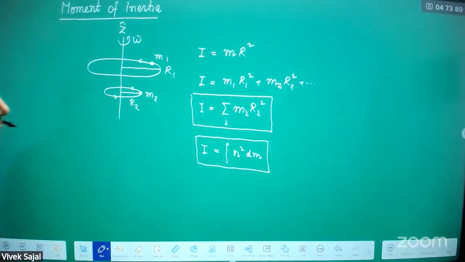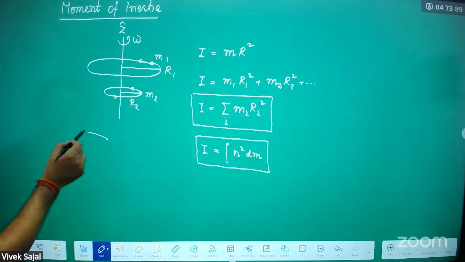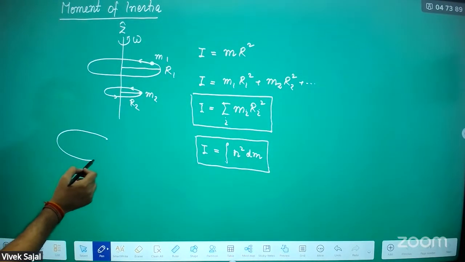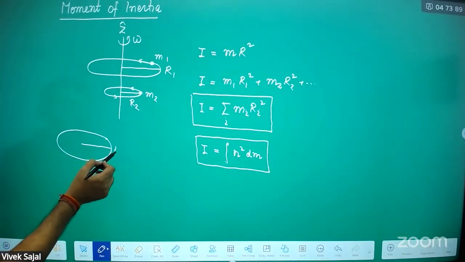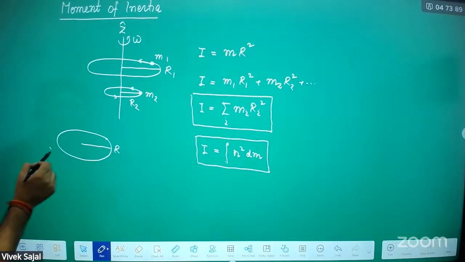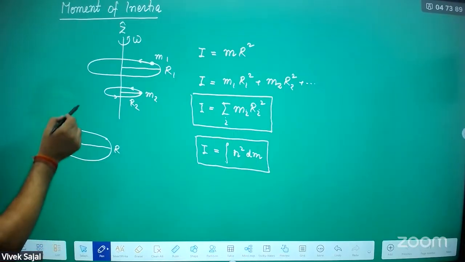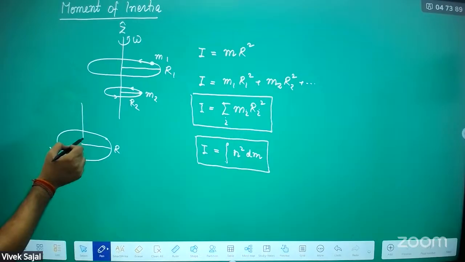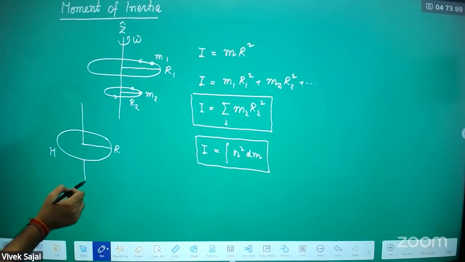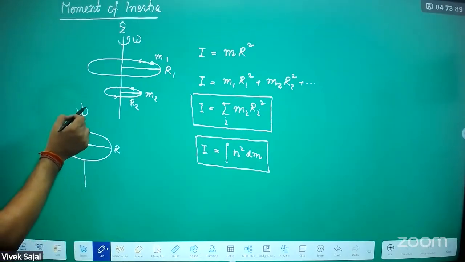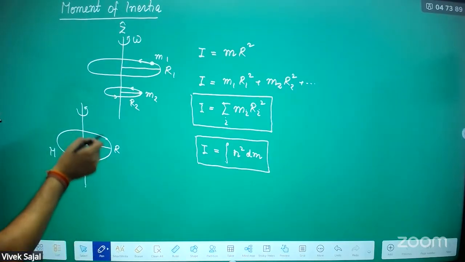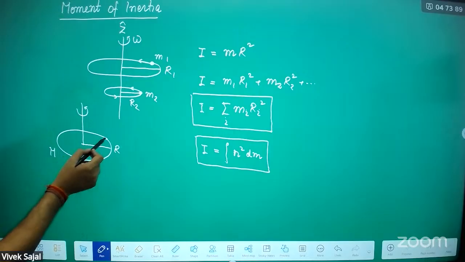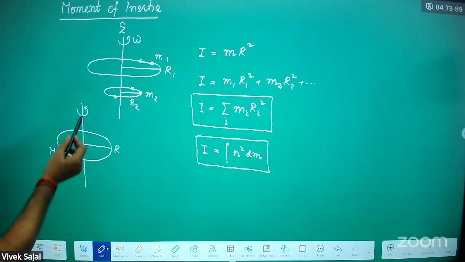Next, what is the moment of inertia of a ring? If you have a ring like this of radius r and mass m, and you want to find the moment of inertia about this axis, it is rotating like this. This is a symmetrical structure. Each and every particle is at the same distance r from the axis.